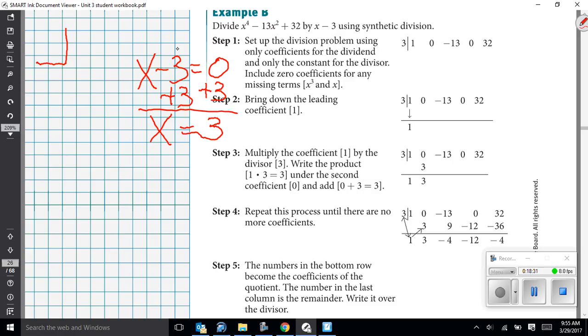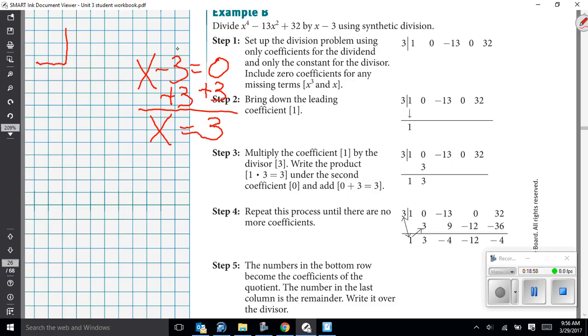So now how are they getting these numbers? Well, we're looking at the leading coefficients in front of each term. So this is x to the 4th. So we have x to the 3rd, x squared, x, and then our constant on the end. We need to include all of them. So in front of our x to the 4th, what's the leading coefficient? 1. X cubed. Is there an x cubed written there?